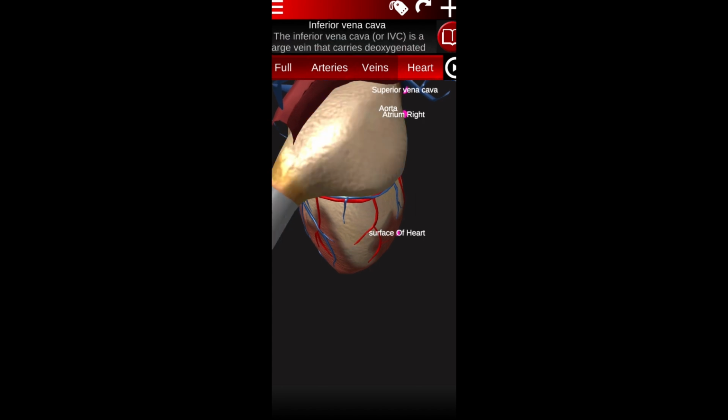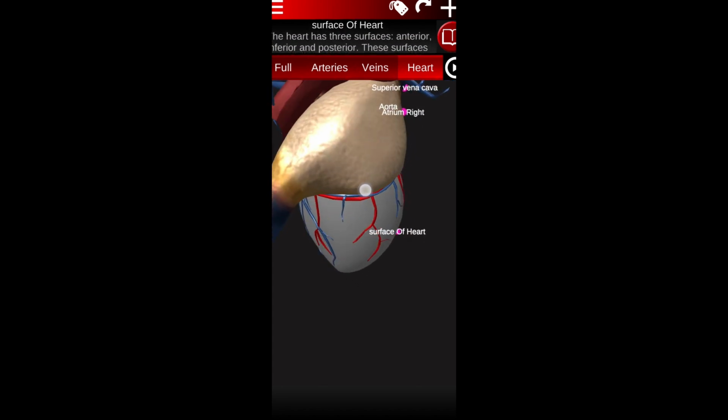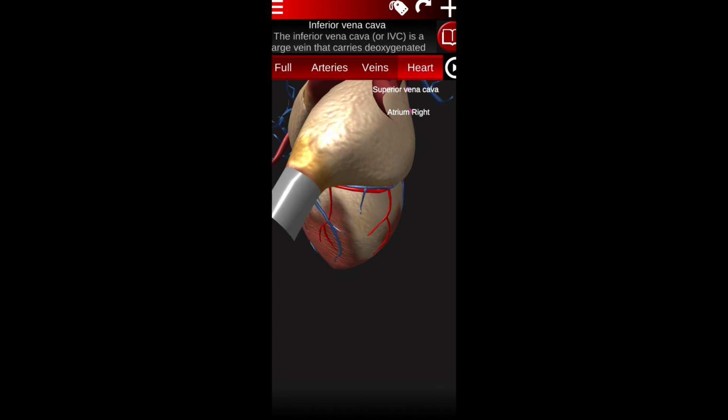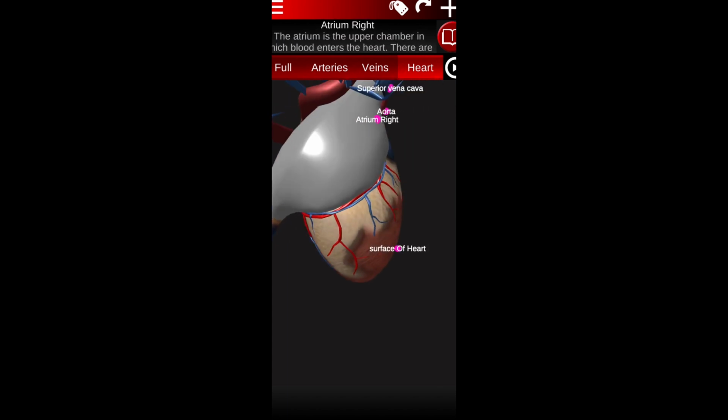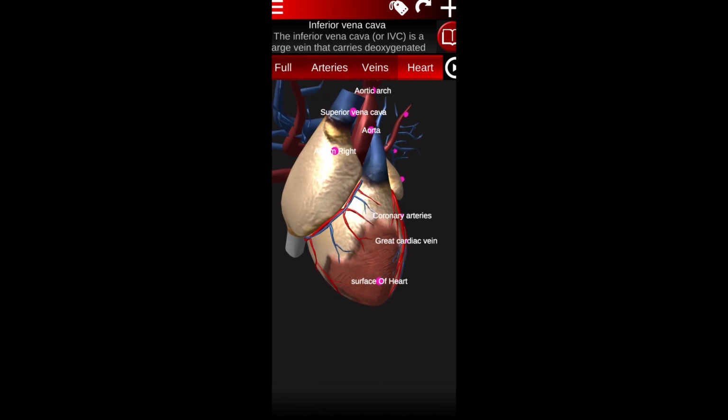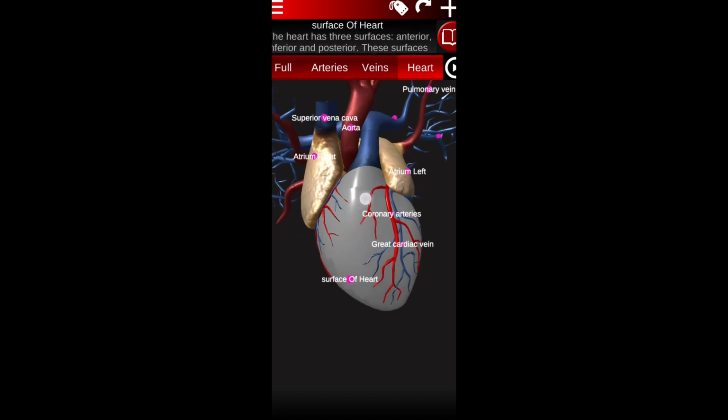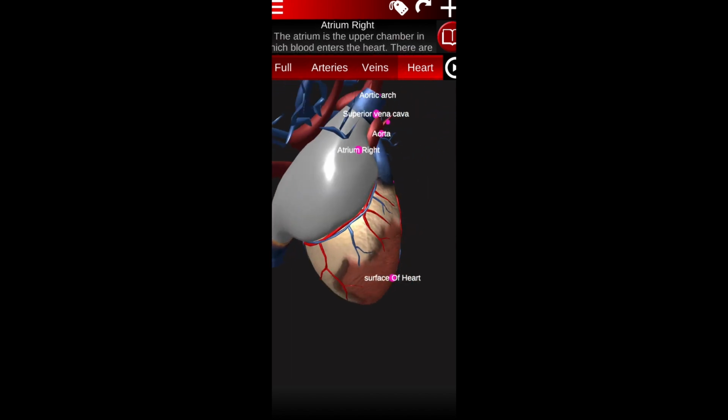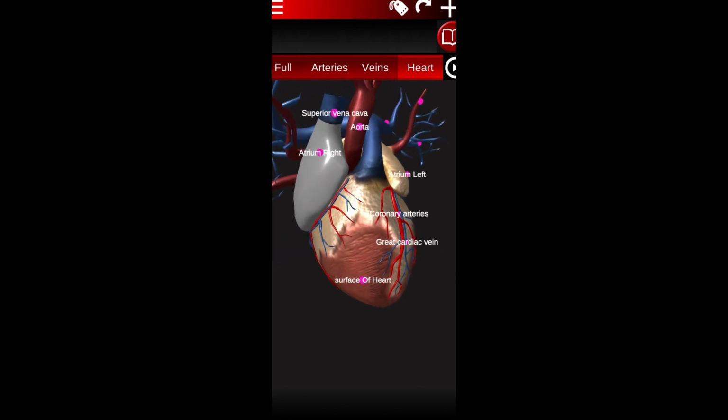It takes all the blood to the atrium from the lower part of the body as well as from the hind limbs. I described that in the atrium there will be three openings. One opening is for the superior vena cava, one is for the inferior vena cava, and one is for the coronary sinus. We described this. The coronary sinus is responsible for giving the blood supply to the heart itself.